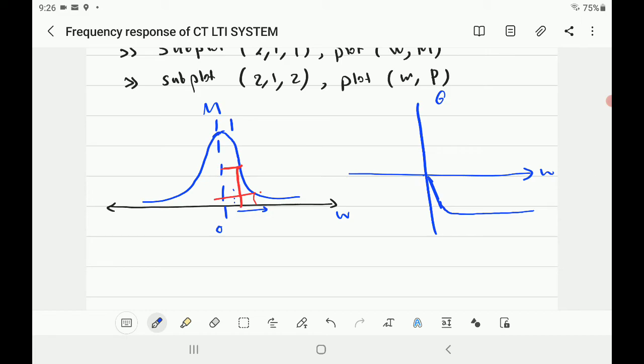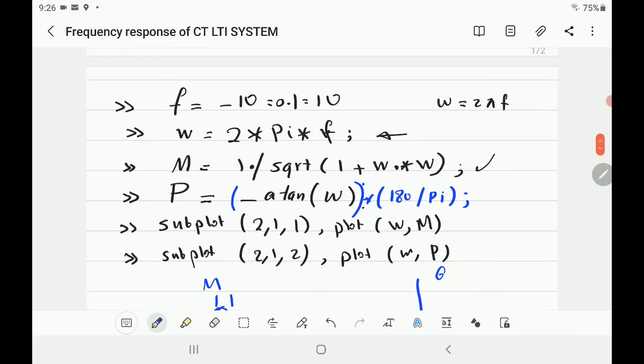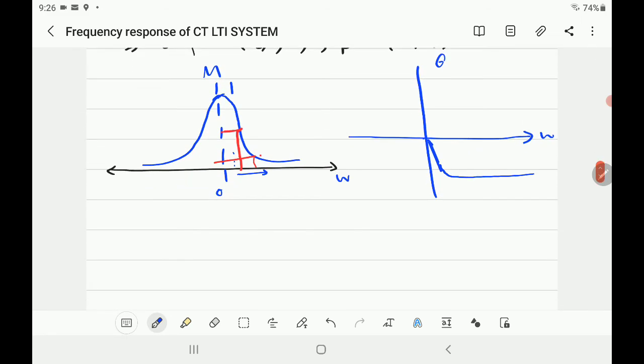You can calculate it using this equation: theta is equal to minus tan inverse of omega. So when omega is 0, tan inverse of 0 is equal to 0. It means it does not make any shift of the signal when it's DC, because DC doesn't have any shift.